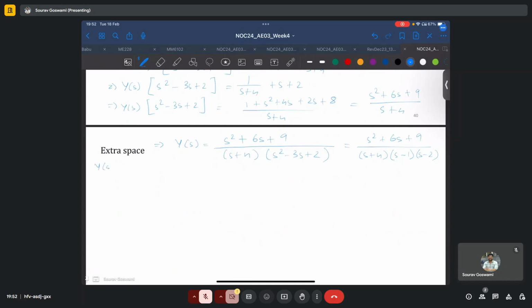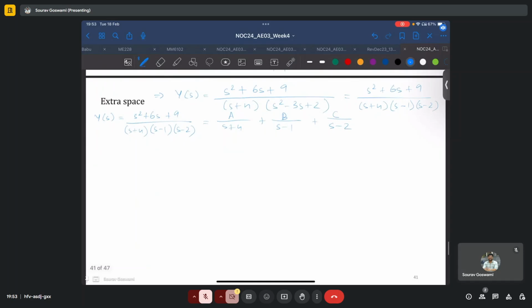So Y of s equals s square plus 6s plus 9 by s plus 4, s minus 1, s minus 2 equals A by s plus 4 plus B by s minus 1 plus C by s minus 2.